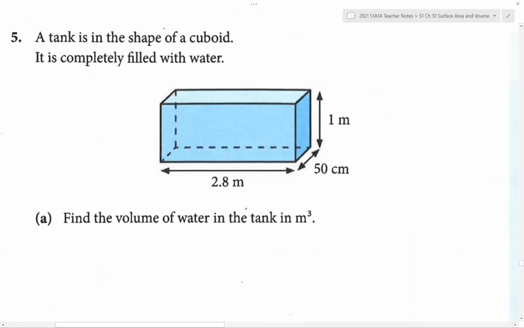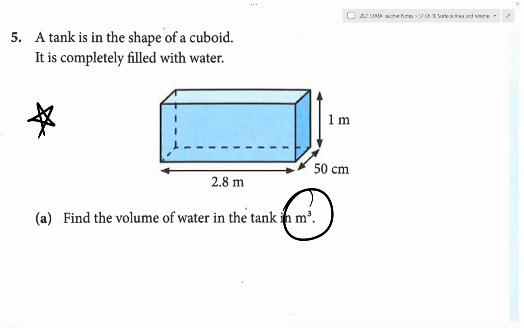Now question 5a. Cuboid filled with water, find volume in cubic meters. What is the trap here? Can you identify the trap? This question is very sneaky. It's a trap. Do you know?